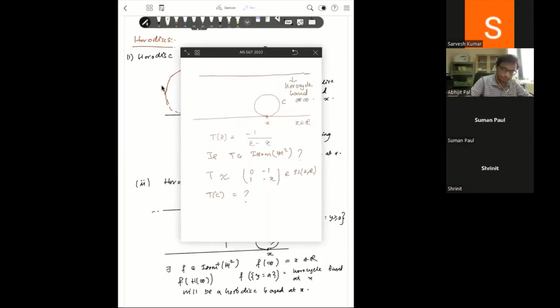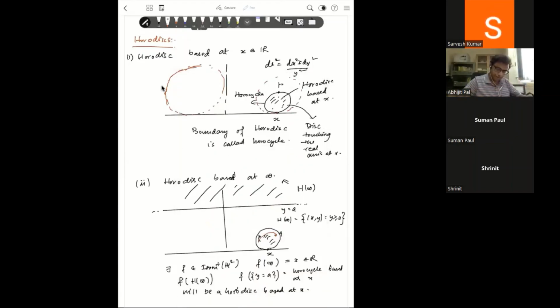And you can also check that this interior part will go to the part above this horizontal line. So this is the definition of this horocycle disk.